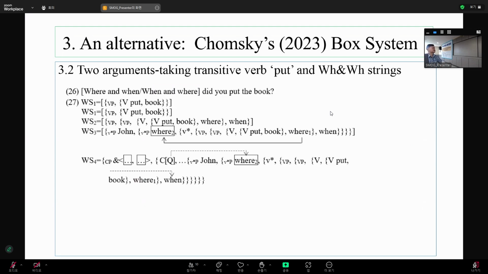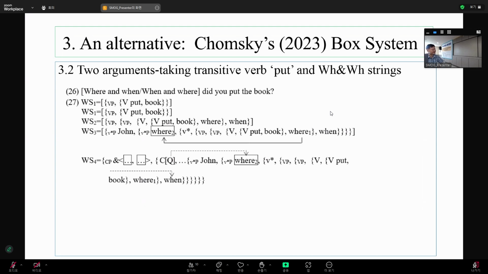Next, I think this data is the most important in this talk. Two arguments taking ditransitive verb put in the first place and the place strings. Where and when and where is the book. Here this verb will merge with the object book. Oh, the same.